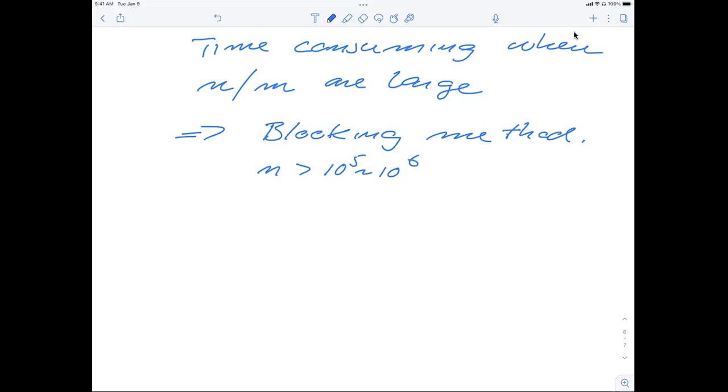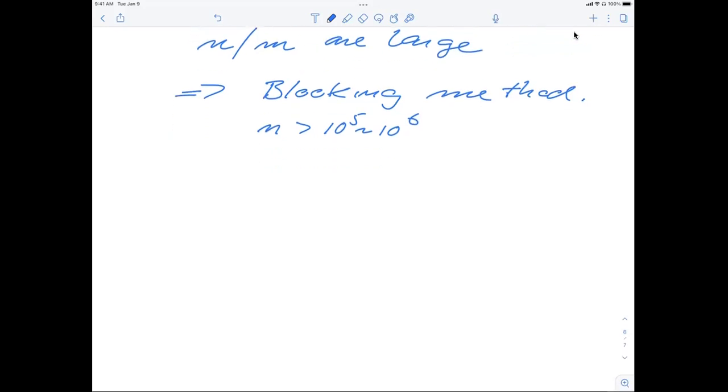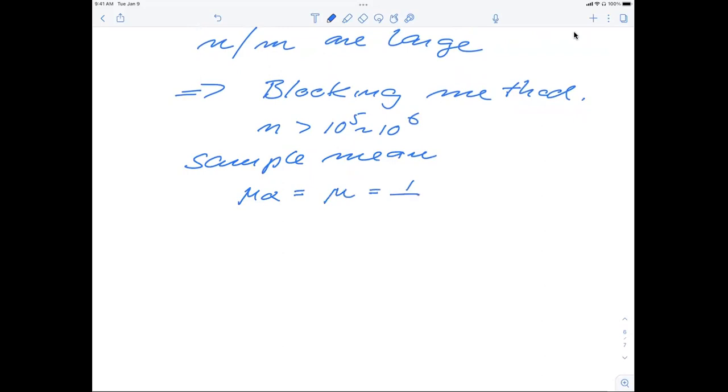So to quickly remind ourselves of what we did before the break. We have this sample mean, which we defined as mu of alpha. So this is one specific experiment, and we just simply call this mu of n, which is 1 over n times a sum over k equal to 1 up to n of the specific observation x alpha of k.